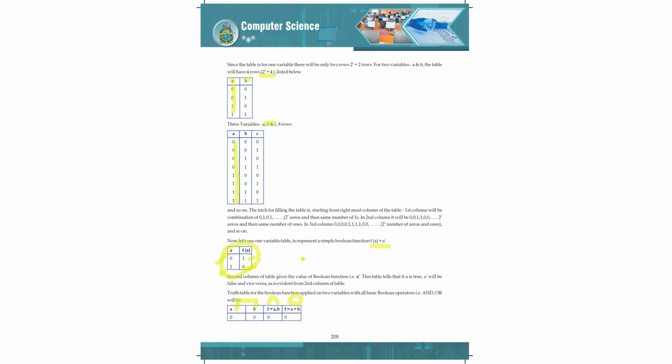If both the inputs are 0, you will get the output 0, because 0 dot 0 is equal to 0 in maths terms also, and 0 plus 0 is equal to 0. So this is for your dot operator and this is for your OR operator, that is plus. So you will remember that here.